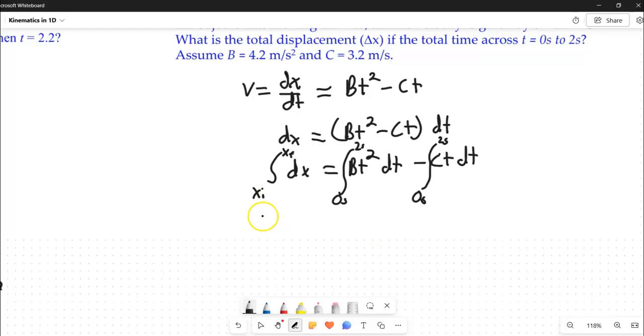When we do that, x goes from x initial to x final, because that's the general form. We have to put limits on this. B is going to be multiplied by 1 over n plus 1, which is 2 plus 1, times t to the n plus 1, which is t to the third, going from 0 seconds to 2 seconds.